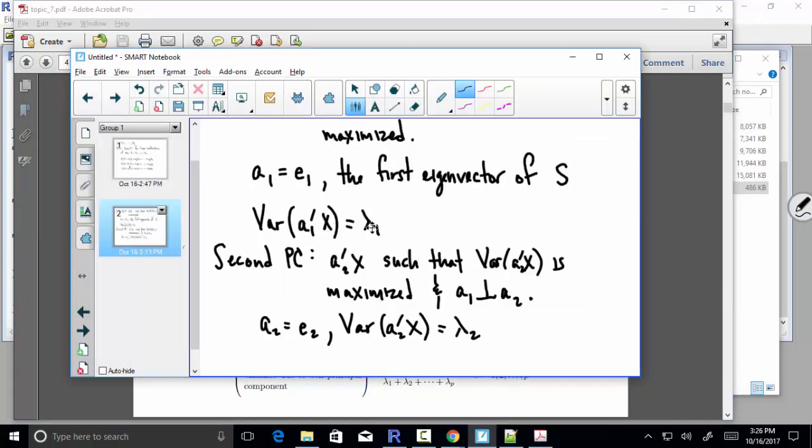So back here, the variance of PC1 is lambda 1, and the variance of PC2 is lambda 2. One thing that tells us is that the proportion of variance that is explained by the first principal component is lambda 1 divided by the sum of all the lambdas.